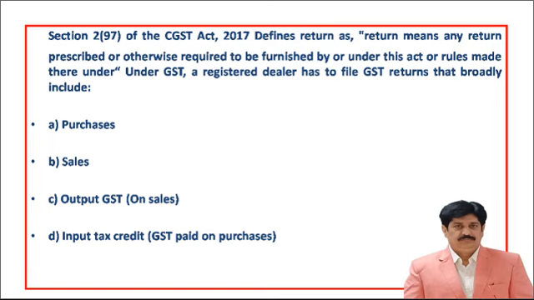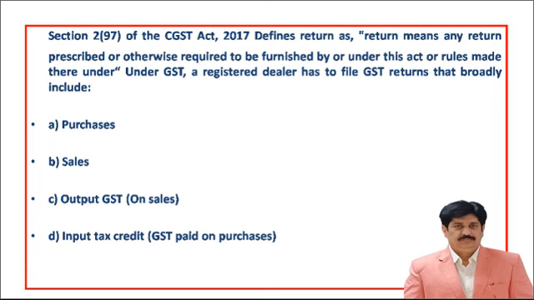Input tax credit, GST paid on purchases. How much GST we have collected on sales is called output GST. How much GST we have paid on purchases, we can say that is input tax credit. These four things must be mentioned in the document in a proper manner.